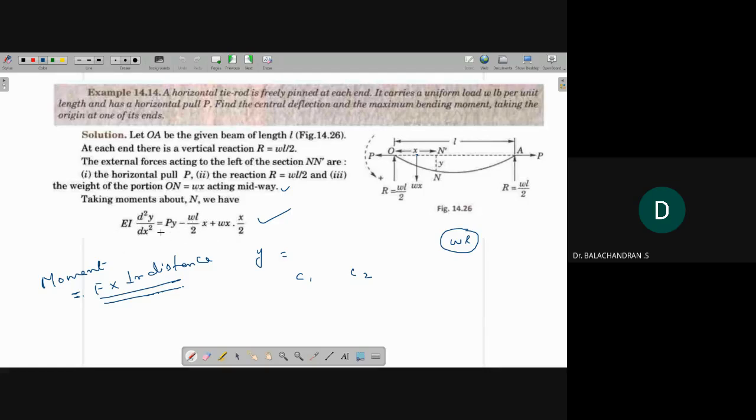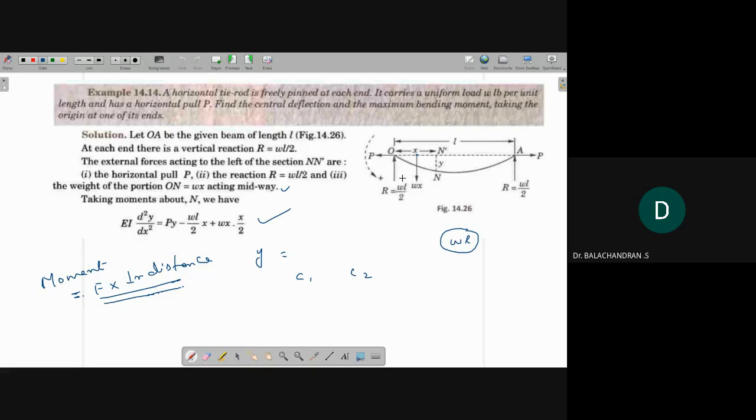Moment equals force into perpendicular distance. Here the sign is the only issue; sometimes I put plus, here minus, here plus. But I gave one explanation yesterday.